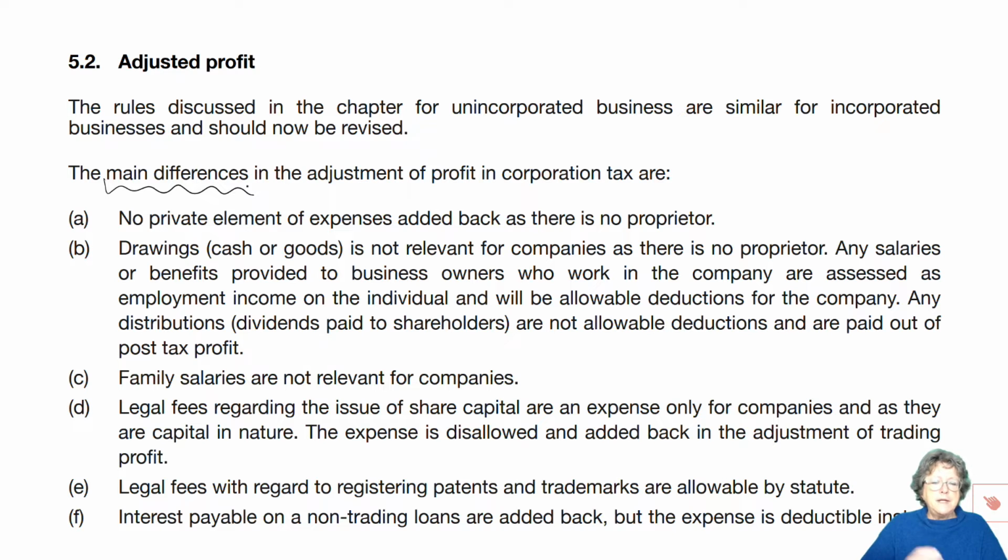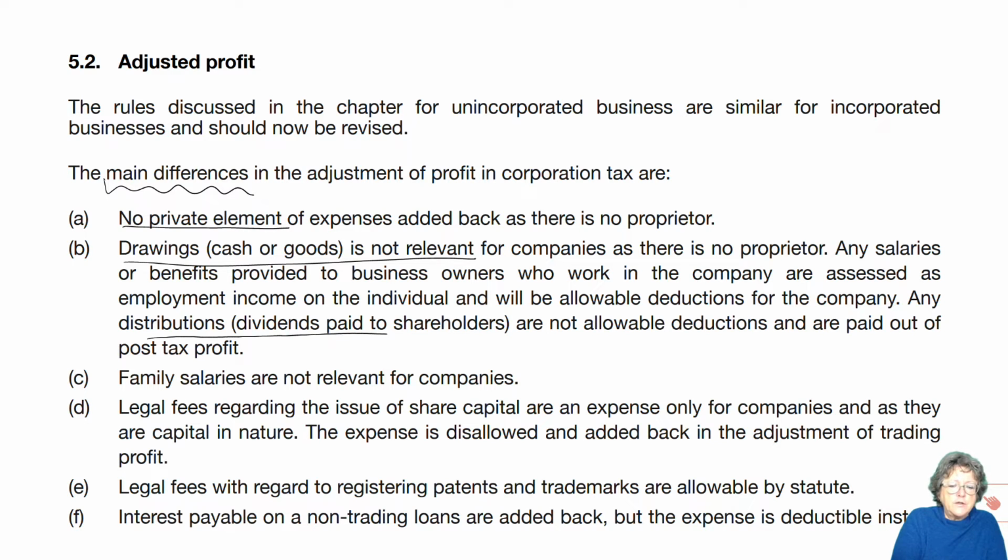So the main differences between those rules and these rules is there's no private use. Drawings are irrelevant because obviously there are no individuals drawing down. Anybody who works for the business, any company, will have a salary which has had pay-as-you-earn deducted from it.